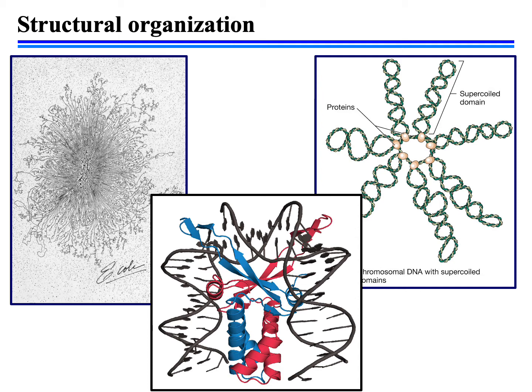So that is the first level of compaction that actually occurs in the prokaryotic cell. It is the supercoiling. Secondly, there are proteins that are playing a role in helping with this process overall. There is one protein that is referred to as HU, and HU is a protein that is involved in allowing for that compaction to take place.